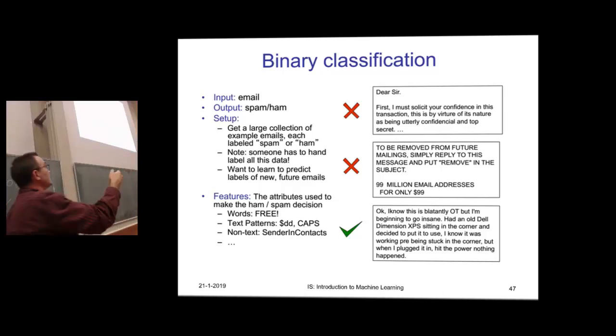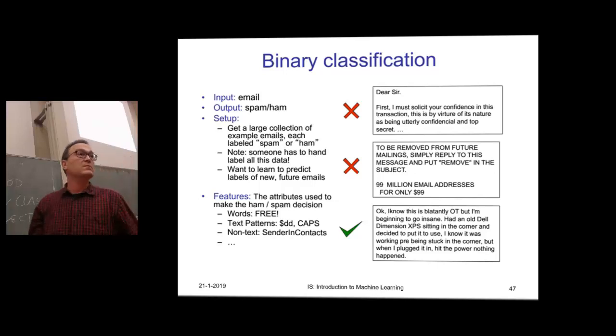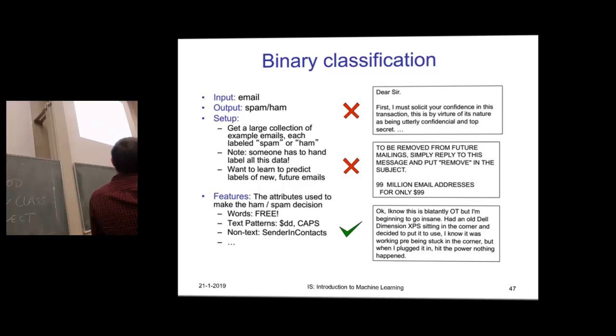And of course, we have to decide what the features are in order to represent this problem as a feature space. So the setup is I get the emails, and the features are what you get in principle for free: the words in the email and maybe some more information about dollar symbols or caps and so forth.